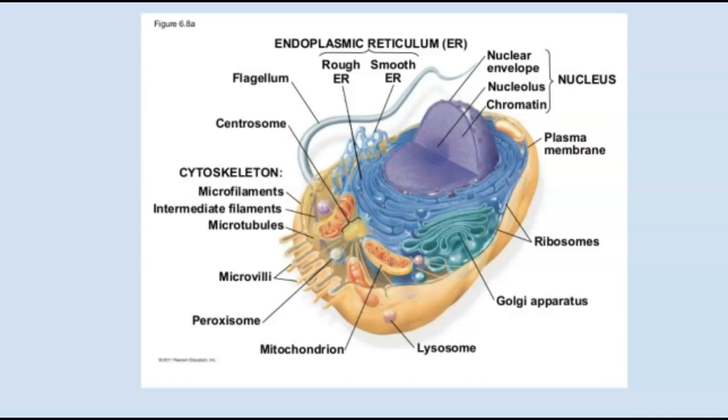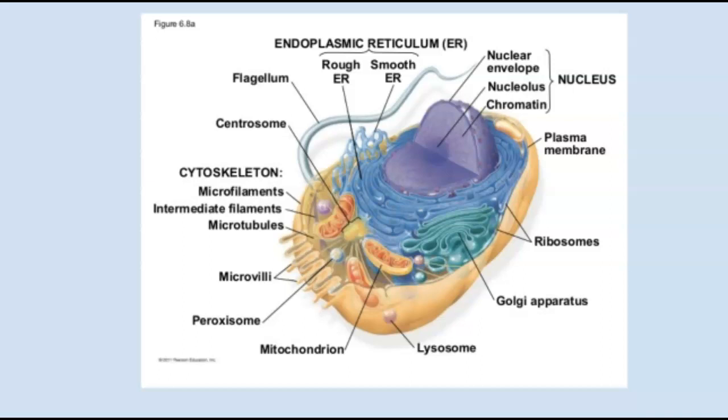All of the organelles except for ribosomes have a membrane that surrounds them. Because remember, our definition of organelle is membrane-enclosed structures within eukaryotic cells. So our nucleus has a membrane.